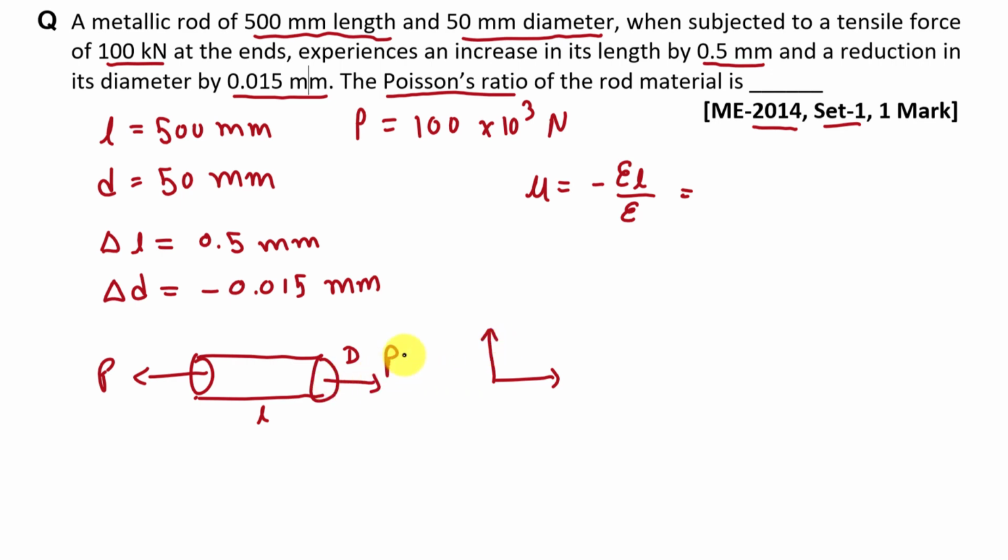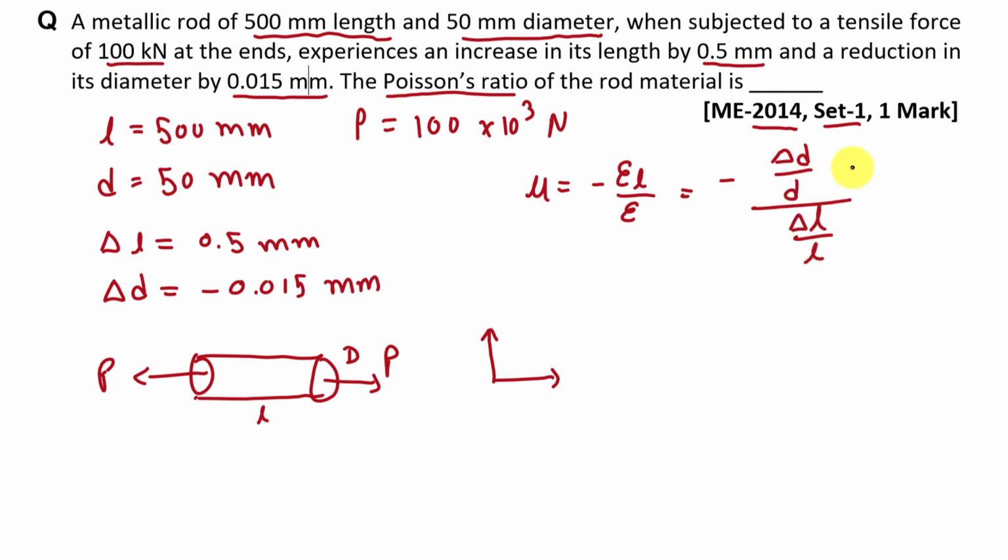Now in this case, what will be the value of lateral strain? Lateral strain will be change in lateral dimension divided by original lateral dimension. Means it will be minus delta D divided by D, right? And what will be the linear strain? It will be change in dimension in linear direction divided by original linear dimension. So it will be delta L divided by L, right?